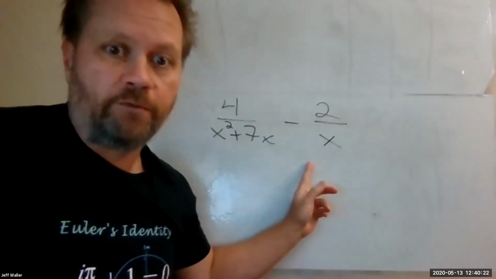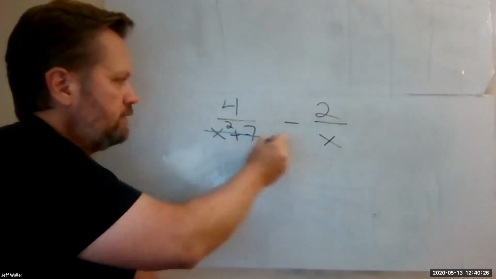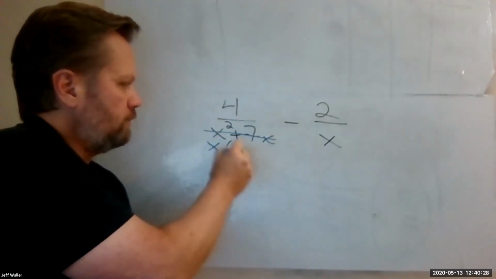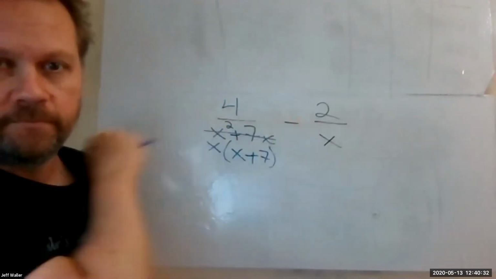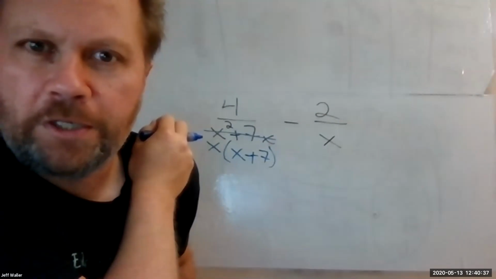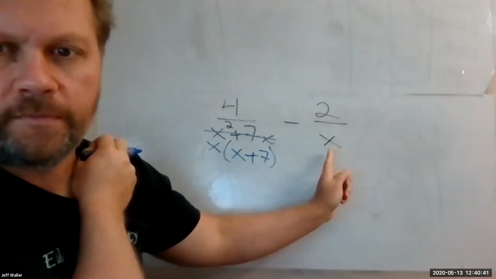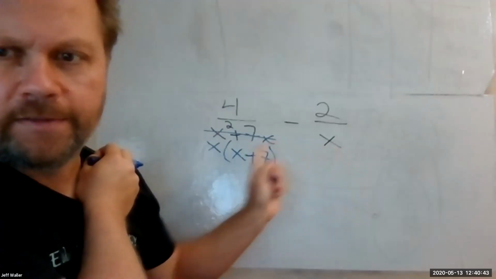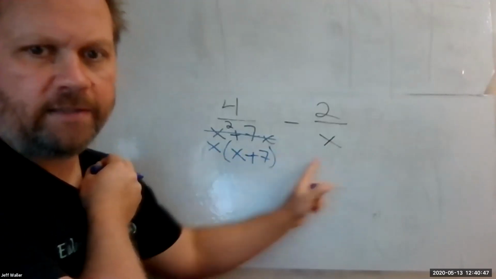In this case, I just have one more to worry about, thankfully, right? So if I factor this, I'll take an x out. All right, so what's that guy missing? What's this guy missing that this guy has? X plus 7? Yeah. They both have an x, right?